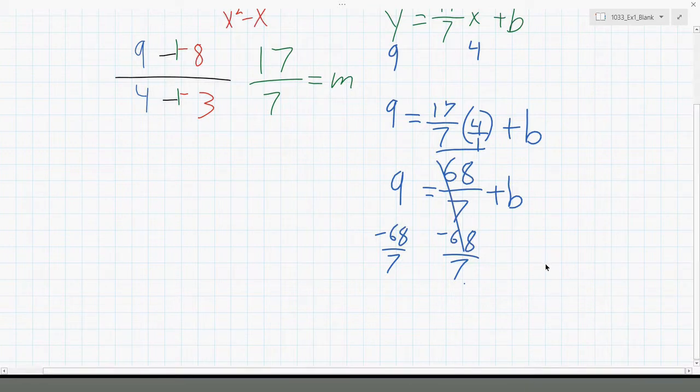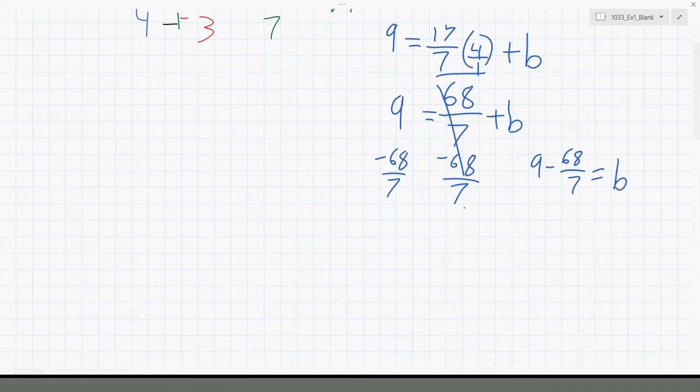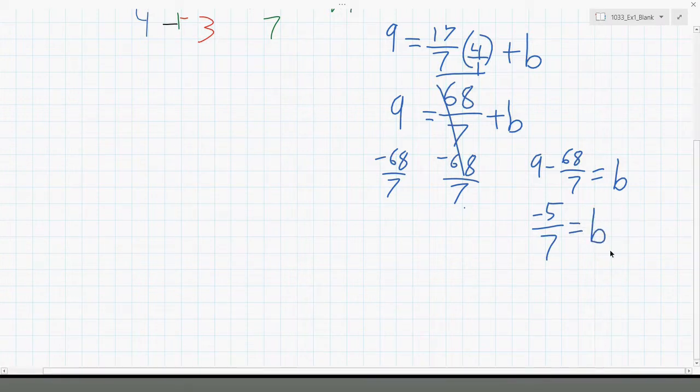And then we end up with 9 minus 68 over 7 equals b, or negative 5 over 7 equals b. So now we know our b value.